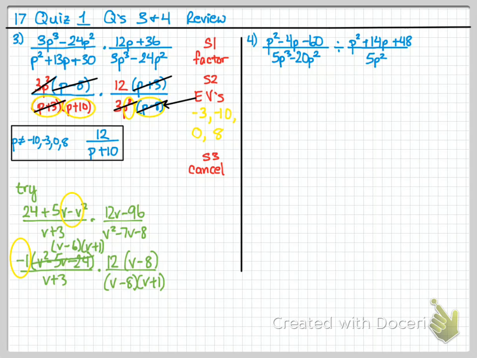Okay, so now after that step, we find our excluded values. Negative 3, 8, and negative 1 will be our excluded values. And after that, we start to cancel. The v plus 1s and the v minus 8s all cancel. In the numerator, we multiply the negative 1 times 12, so I bring that to the front, negative 12, and v, did I put plus 6? Should be minus 6.